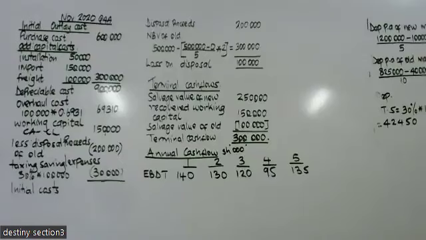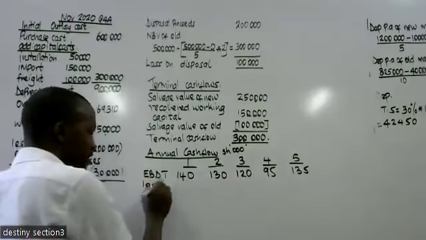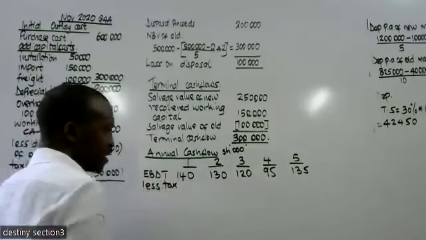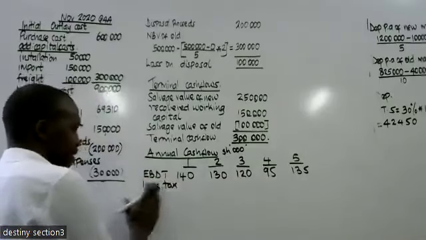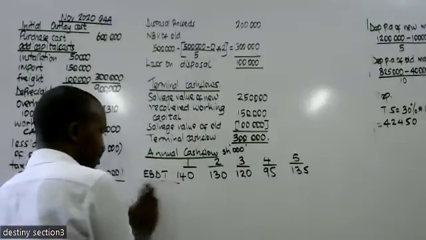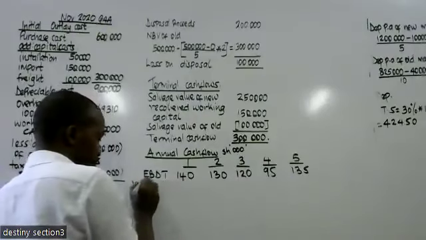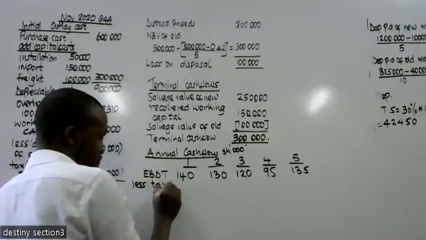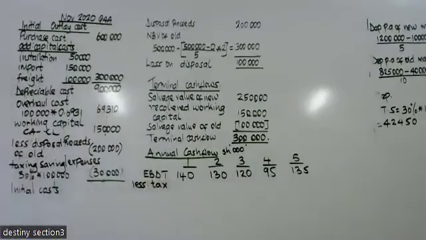Having done that, what else do you deduct? Those are the earnings before depreciation and tax. So what else do you deduct? Tax, so that you get your earnings after tax. You pay tax. How much is the tax rate? 30%.